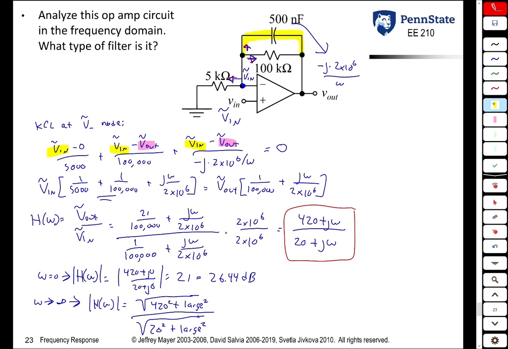What we're going to see is that these two terms swamp out those two terms, and you end up getting that equals 1, or 0 dB. So what we see here is that we get what looks like a low-pass filter that amplifies low frequencies, and at high frequencies it neither amplifies nor attenuates.